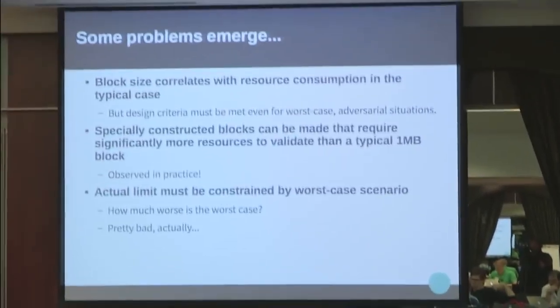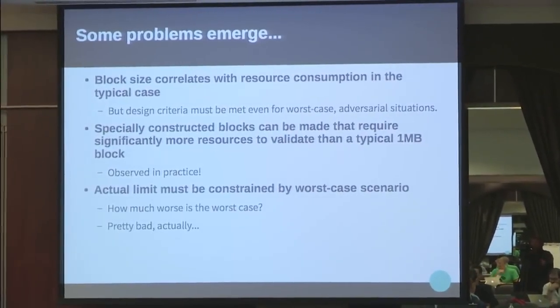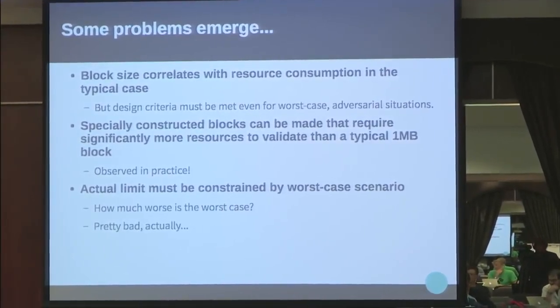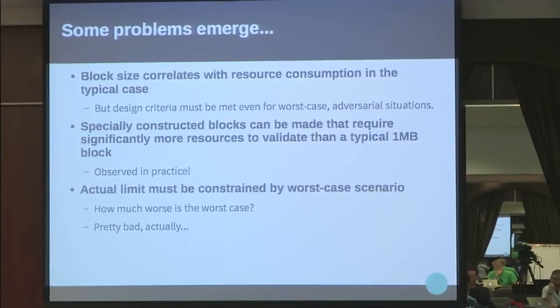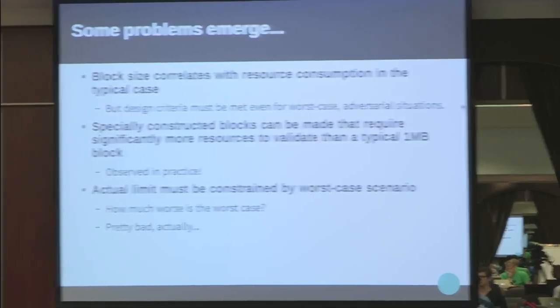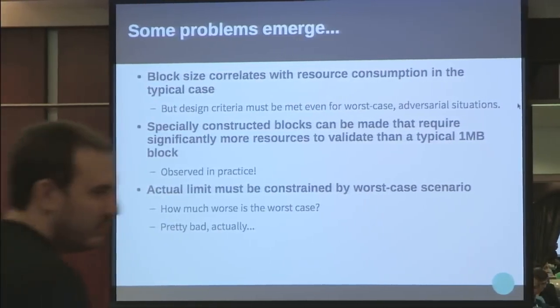The core issue here is if we're creating a system that wants to be trustless, that we want to work under a variety of circumstances without any gated access to it, we need to be designing for the worst case scenario. We need to be assured that if miners have an incentive to create slow blocks to validate, they are not able to generate blocks that are much, much worse than what is typically seen on the network.